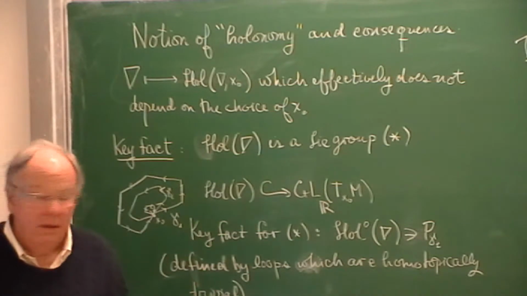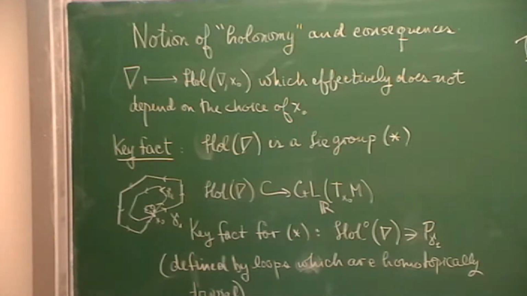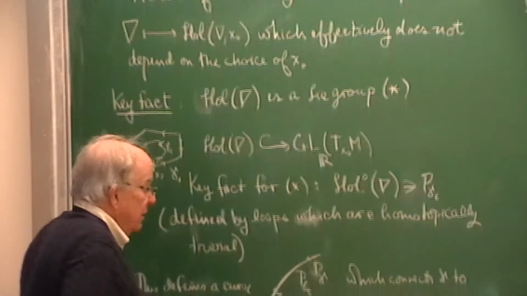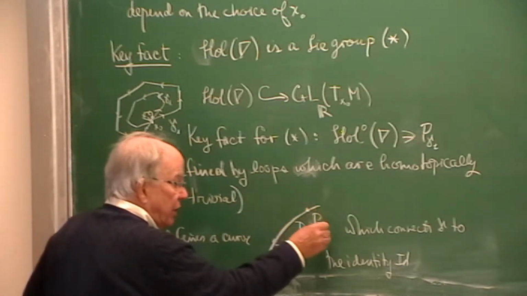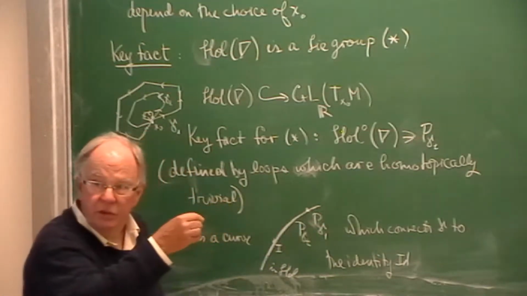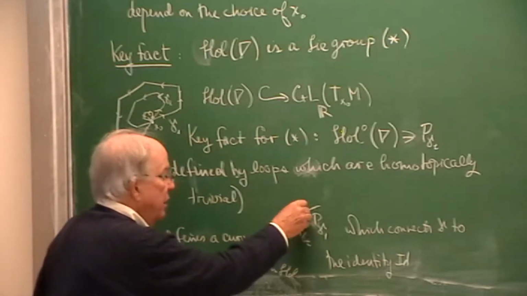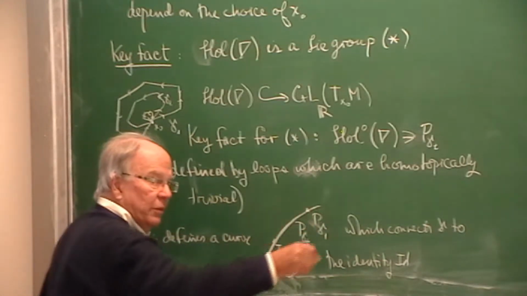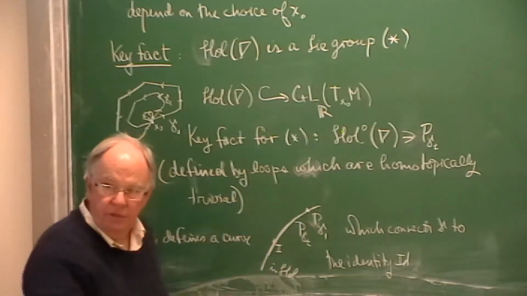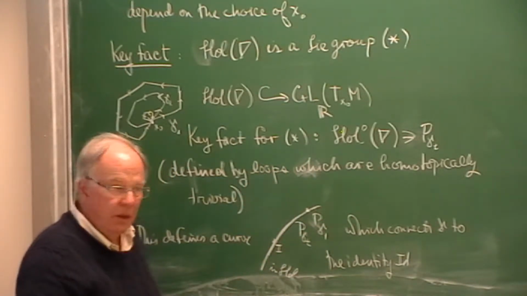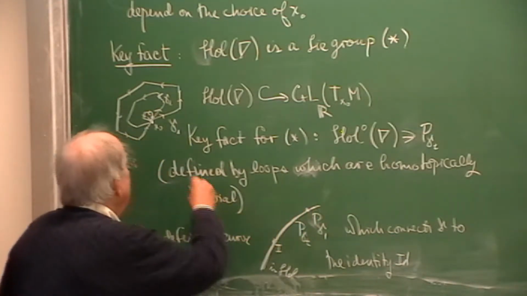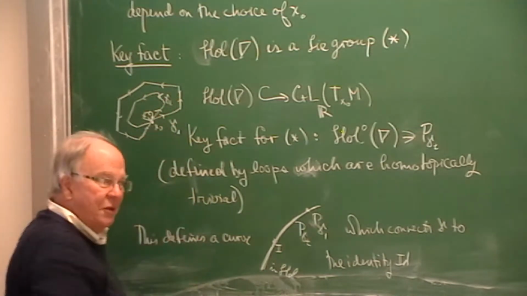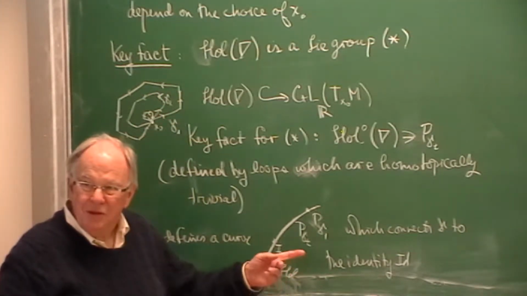Then this should be a P of gamma, did I draw something, which connects gamma to the identity. So for each gamma t, this is gamma 1, or gamma 1 is gamma in that notation. Yes, for each gamma, we have parallel transport around that curve gamma, which is an element of the holonomy group. As I move gamma to the identity, I move parallel transport to the identity in GLn. Maybe that's what you're talking about.